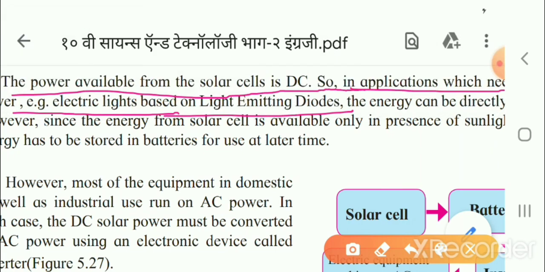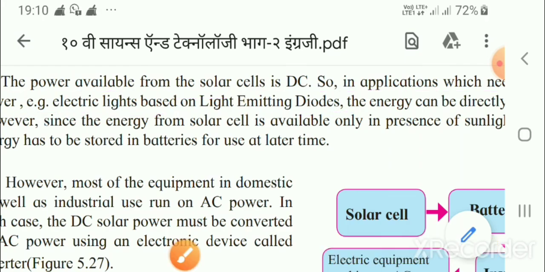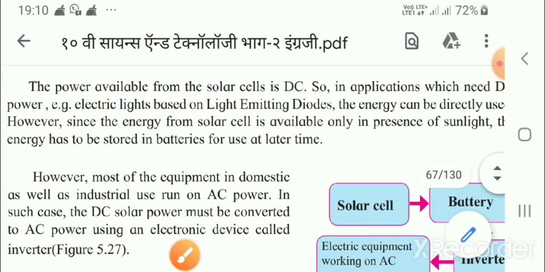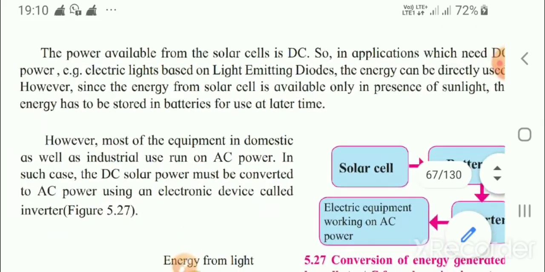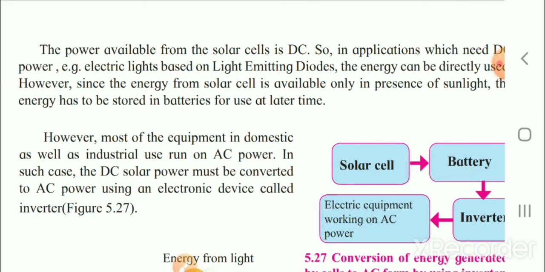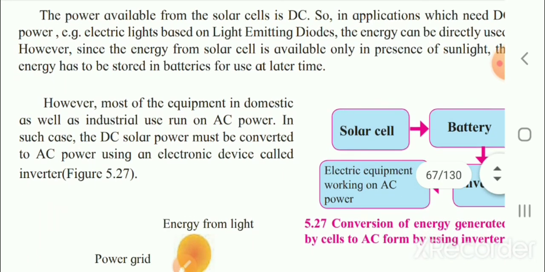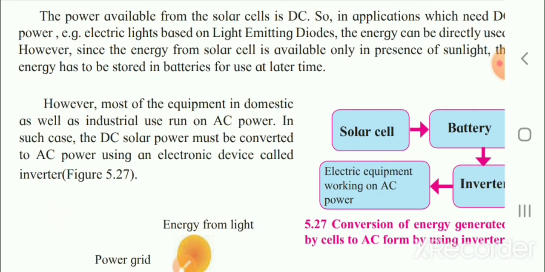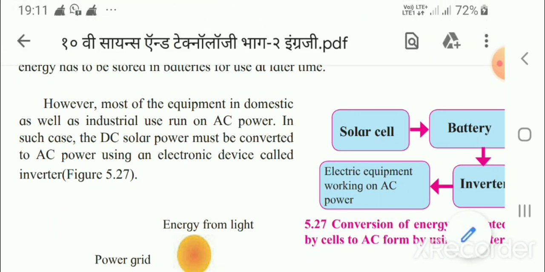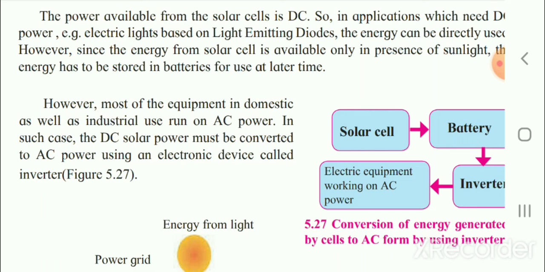But during the night time, when the solar energy is not there, they have to store this energy in the form of a battery or battery cells. So this way we can see, children, how useful it is.